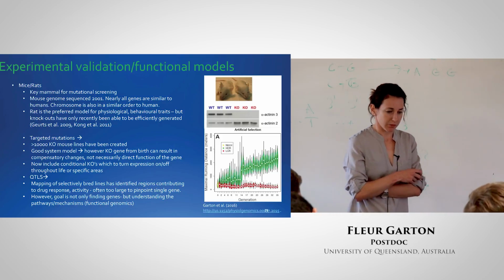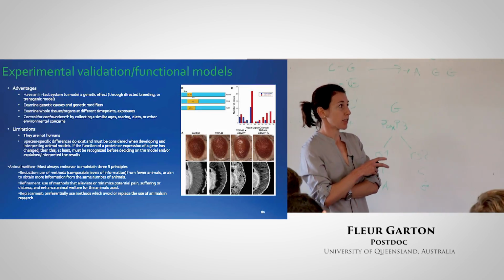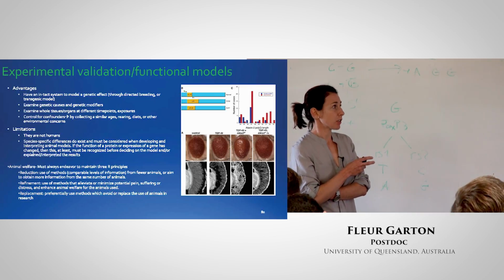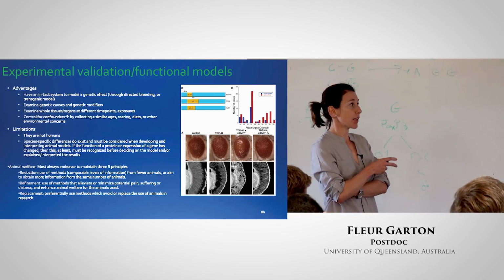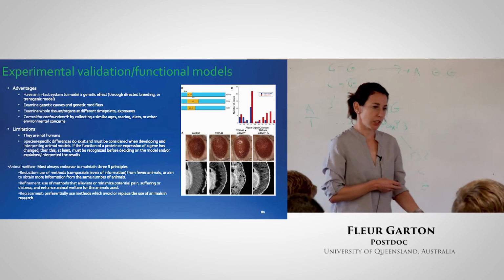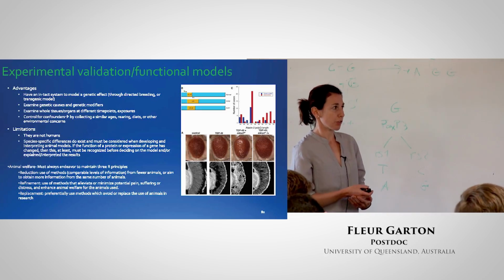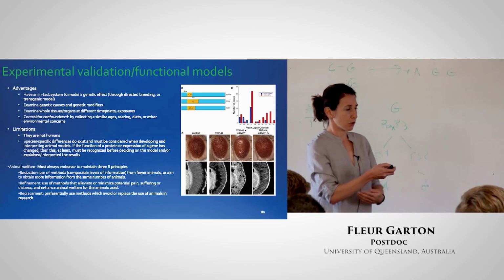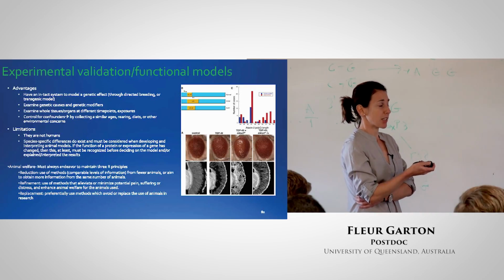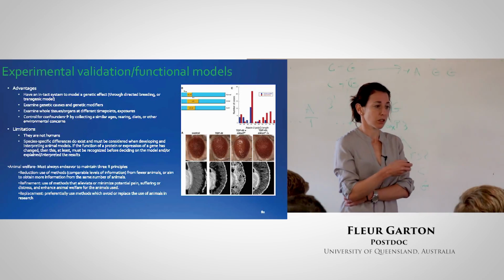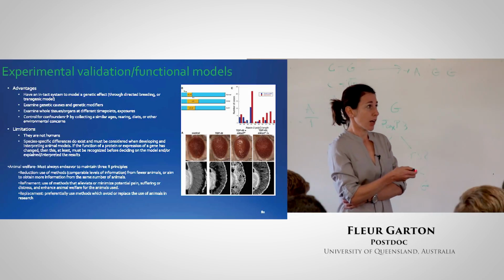The great advantage of these animal models is that you've got this intact system to model a genetic effect, and you can do this in various ways. You can look at not only genetic causes, but also genetic modifiers. I've just put a picture here of a genetic modifier. I mentioned ataxin 2 as being associated with neurodegenerative disorders.